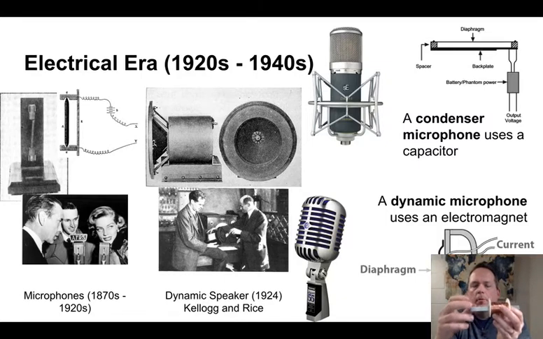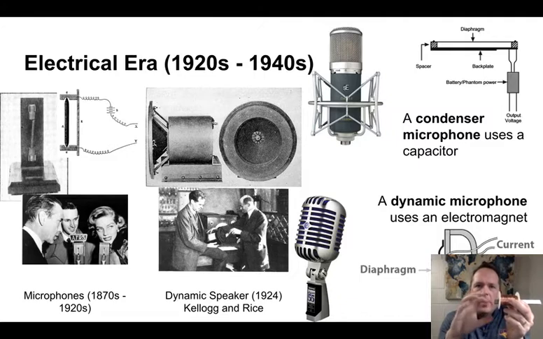What you do in a dynamic speaker instead, though, is you connect this coil to your electrical signal that you've gotten from somewhere else, like your microphone. And when you send the electrical signal through the coil, when the current's moving in one direction, it makes a magnetic field in one direction, and it pushes the magnet in one direction. And then if the current switches direction within the coil, it's going to pull the magnet back in the other direction.